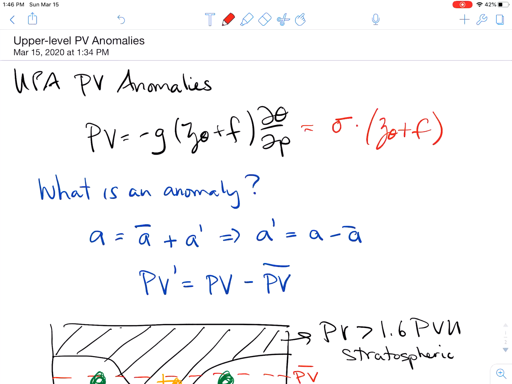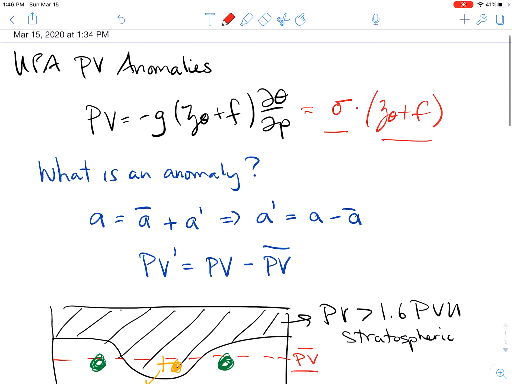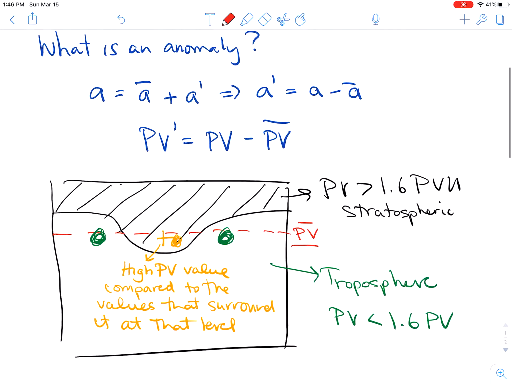So is it a result of higher static stability that gives us a higher PV value, or is it a higher absolute vorticity value, or is it both? Because in order to have a positive PV anomaly, we would need values that are higher than average. And so what we're going to do is piece together to figure out which of these hypotheses is correct.